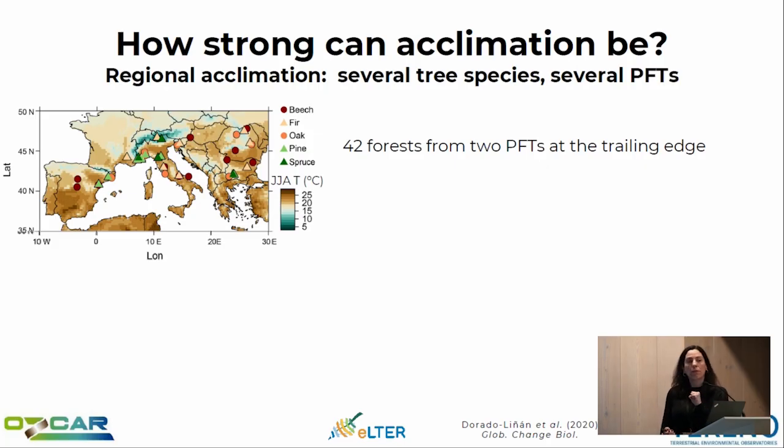So we selected 42 forests from 2 different PFTs, conifers and broadleaves. Those 5 species here are the main tree species in Europe, and all of them reach here the southernmost limits of their distribution in Europe. And this is a map with the mean temperature for June, July, August, and you see that they are in the warmest parts of the gradient.